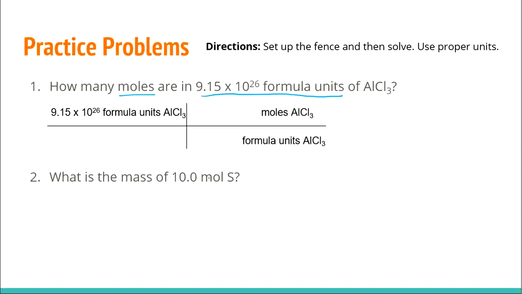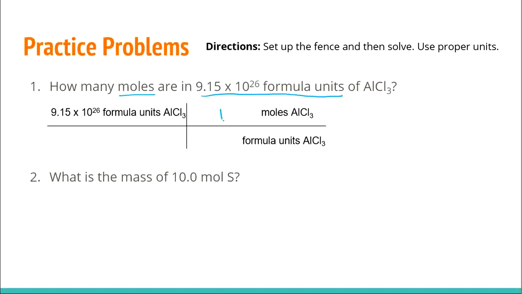And previously, the conversion factor we talked about with mole and formula unit is that 1 mole is equal to 6.02 times 10 to the 23 formula units. So where do those numbers go? We'll say it again. 1 mole is equal to 6.02 times 10 to the 23 formula units. You write the number next to the unit.